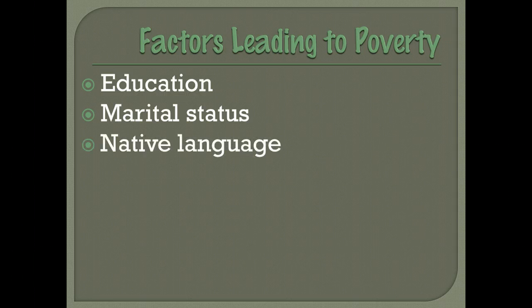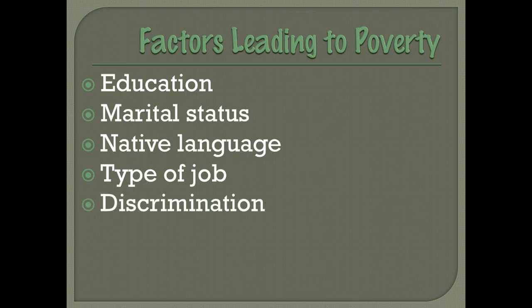If you're not a native English speaker, we find that in the United States, non-native English speakers tend to have a higher degree of poverty. The type of job you do matters too: part-time workers tend to have higher levels of poverty than those who work full-time. And sometimes we do see a degree of discrimination. We find that women and minorities are more likely to experience high poverty rates than men do.